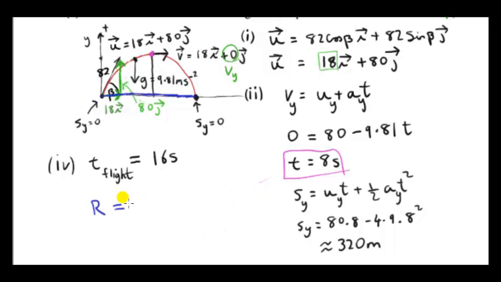Okay, so now we want the range. That's the distance travelled in the x direction. So here's the formula for distance travelled in a direction along a line where the acceleration is constant. So it's linear motion with constant acceleration. We're talking about the projection of the particle onto the x-axis. That projection moves at constant acceleration.